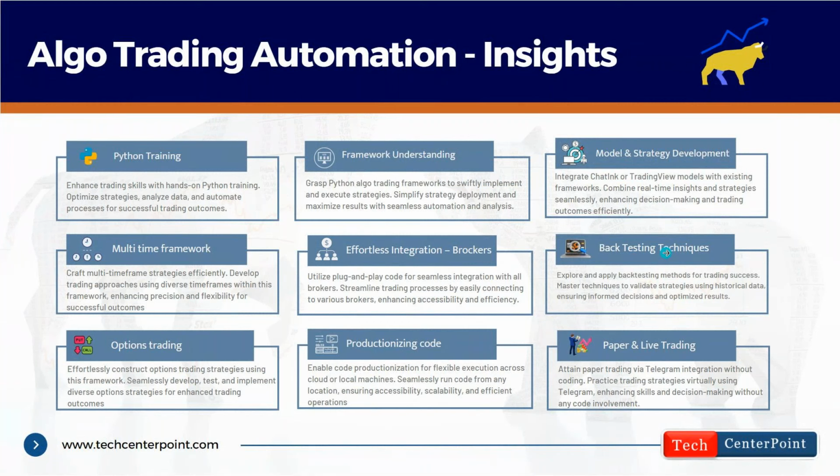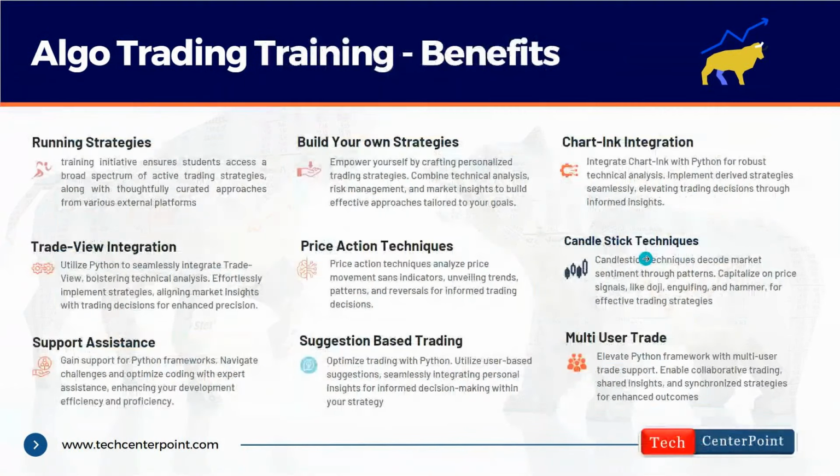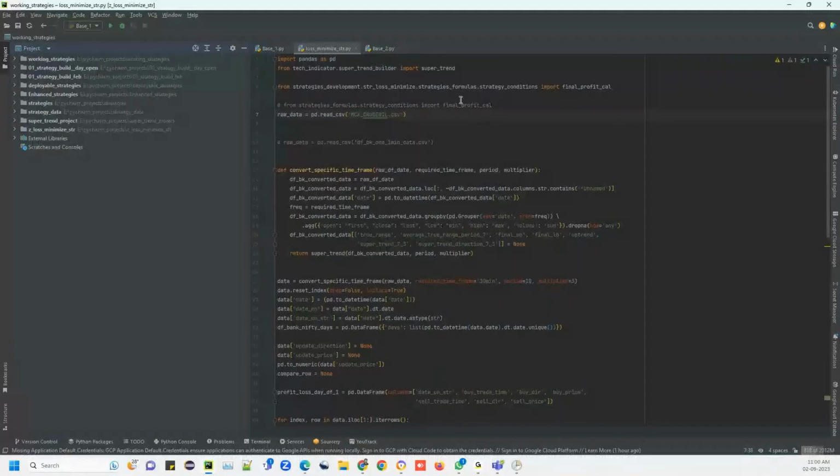So once you are done with all these things, now you can go back. These are all the benefits which you are going to have once you start learning the course from here. Now you are going to get some of the strategies which are working in my case. How to build the strategies, you will learn this code. For example, this is crude oil.